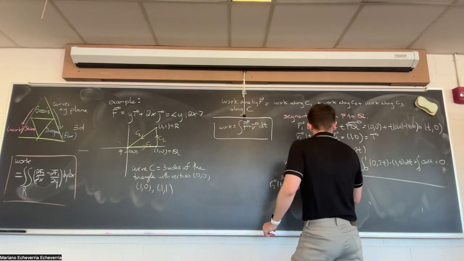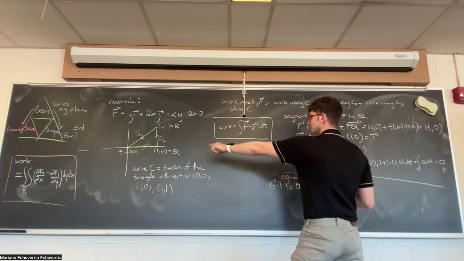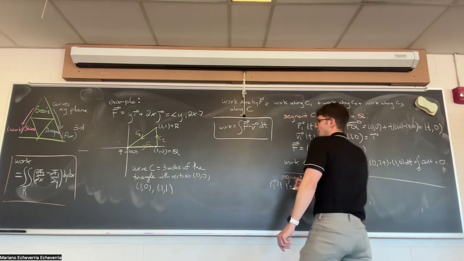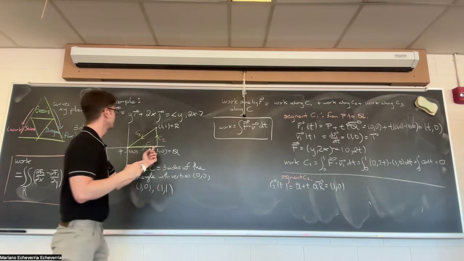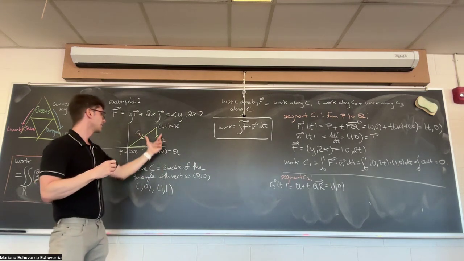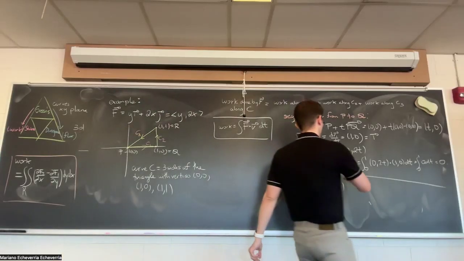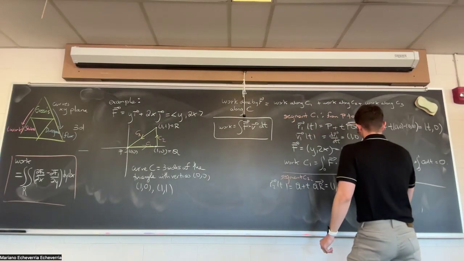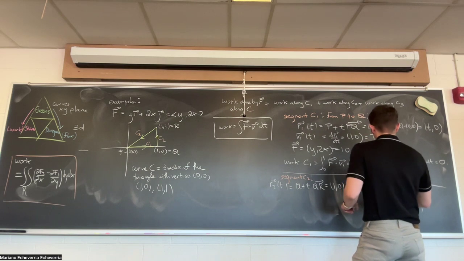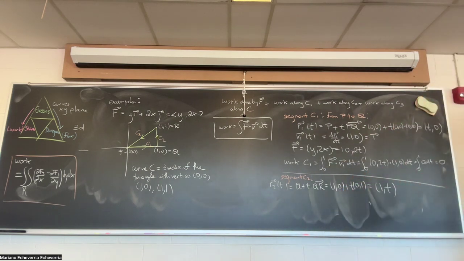Q is 1, 0, and the vector QR is completely vertical, what you get by subtracting these two. So you just get 0, 1, which is the vector j. So the parametrization is 1 comma t.